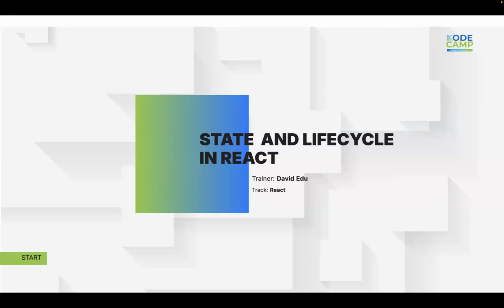So it is now removed completely. That's when it is being destroyed, right? That's the unmounting state. So that's basically what it means when we say life cycle in React. Okay. Are we together? Do we understand that? Or should I take that again?